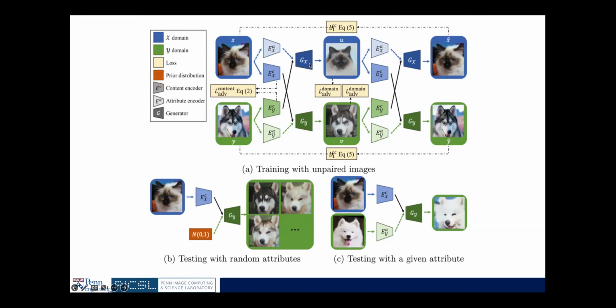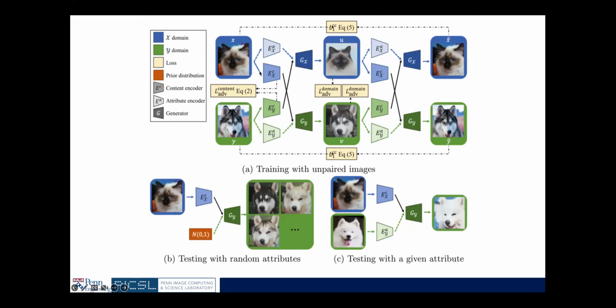Now you can have this generator, which you saw in your GAN class. Let's take the appearance from this cat and the content from this dog, and see what we get. We get this new translated image, which has the appearance of a cat, so it looks like a cat, but it has the content of this dog.